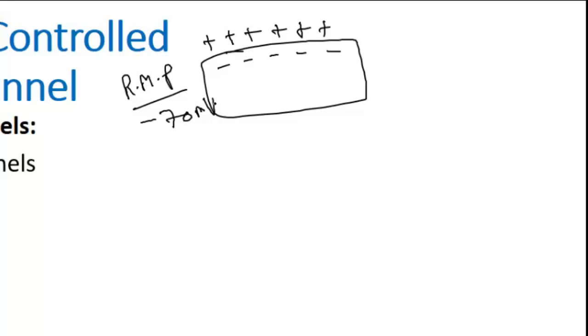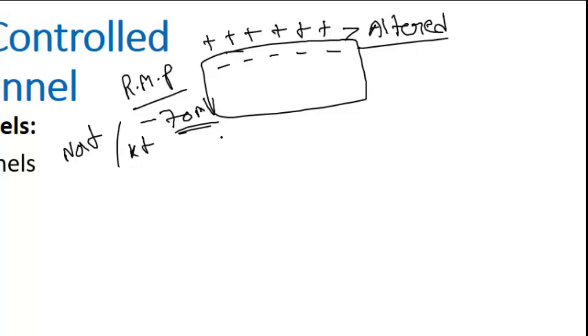Now during an action potential, the voltage across the membrane gets altered. It's modified from the resting membrane potential, and that will cause the voltage gated channels to open. For example, there is a voltage gated channel for sodium and a voltage gated channel for potassium. There are also normal non-voltage gated channels for sodium and potassium.